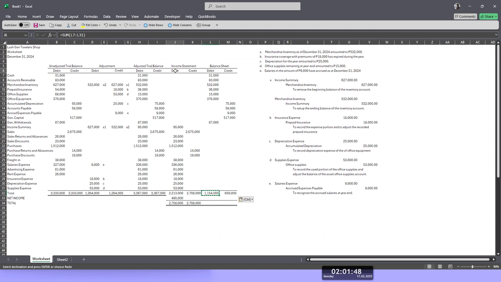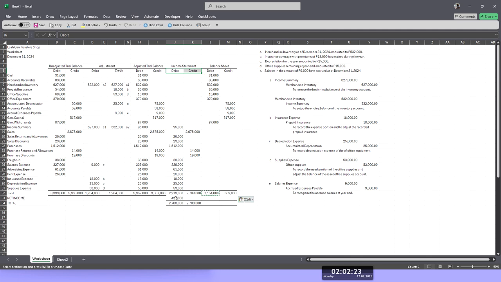If the total debit and credit of the income statement is not the same, it is also expected that the total debit and credit of the balance sheet columns are not the same. And the difference between the total debit and credit of the income statement columns is also the difference between the debit and credit columns of the balance sheet.